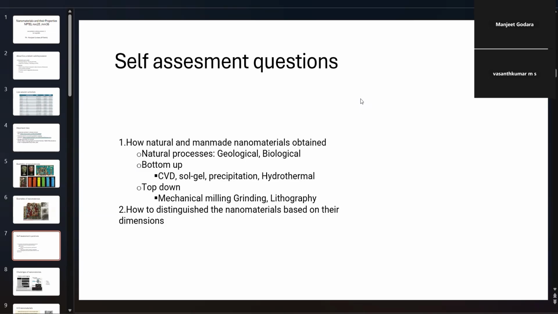So man-made, you have mainly two categories of nanomaterial: bottom up or top down. I'll go top down first. In top down, you have a large bulk sample and you break it down to get nanoparticles. You keep on breaking it until it becomes fine powder, fine nanomaterials. Usually they do it with mechanical milling.